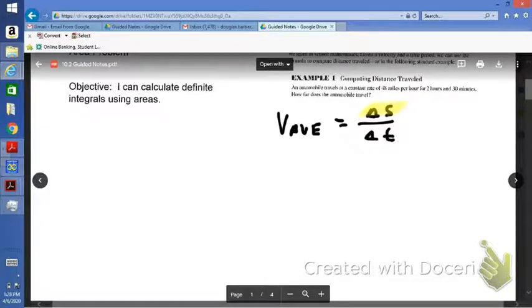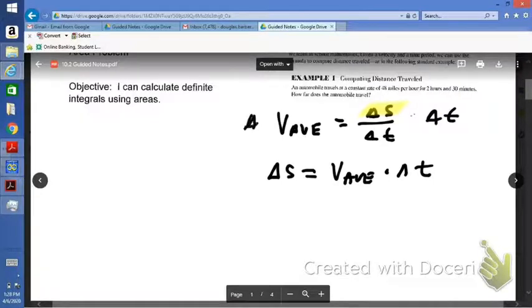So if we manipulate this equation, our change in s is going to equal our velocity average times our change in time. Notice I just multiplied both sides by our change in time.